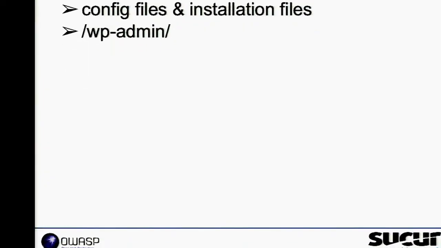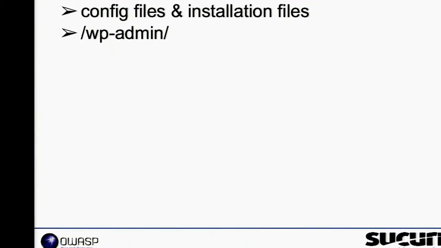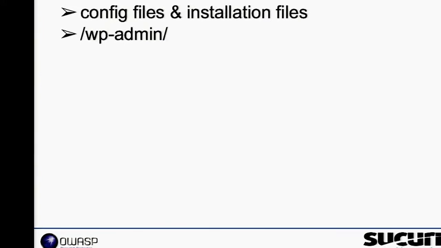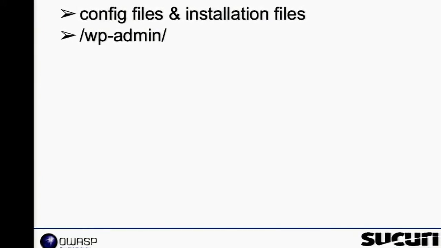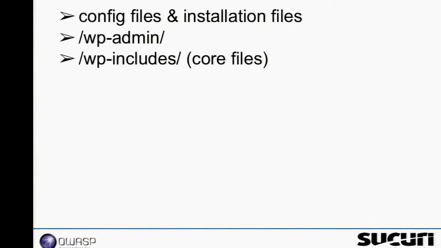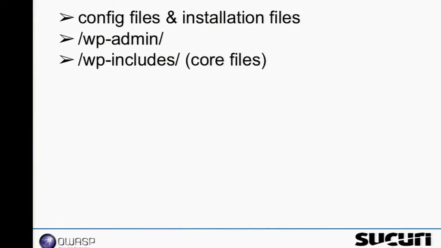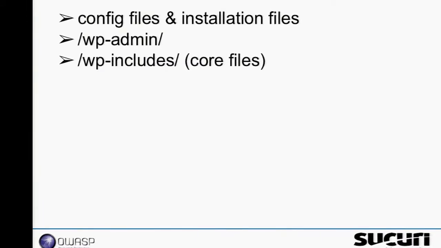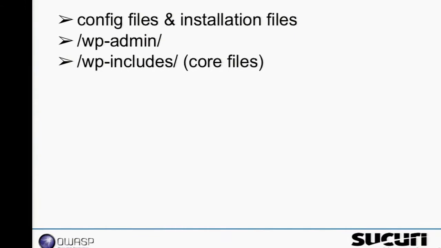You have a very important directory, wp-admin, where you have all the admin stuff, usually where you could log in as admin of the WordPress site. We have wp-includes, which are core files. So when you get infected, those files could just be replaced with the files from the other tarball.